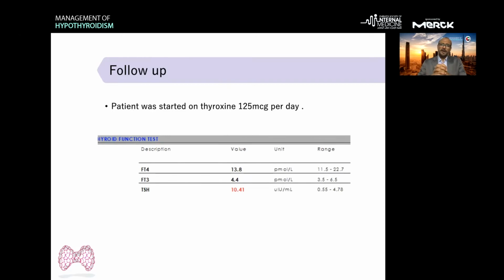And these were her results after 2 months. Her T4 was normal, 13.8, and her T3 was 4.4, and TSH is still high. Her TSH is 10.4.